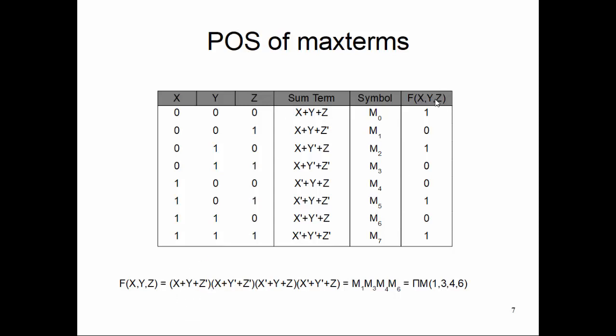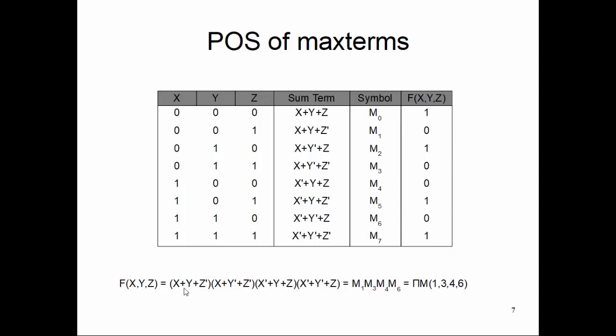For example, this row takes 0, so we pick up x or y or z bar, then AND x or y bar or z bar, and x bar or y or z, and x bar or y bar or z. So we are picking up those sum terms where the function value is 0 and ANDing them. This is how we are writing the function.